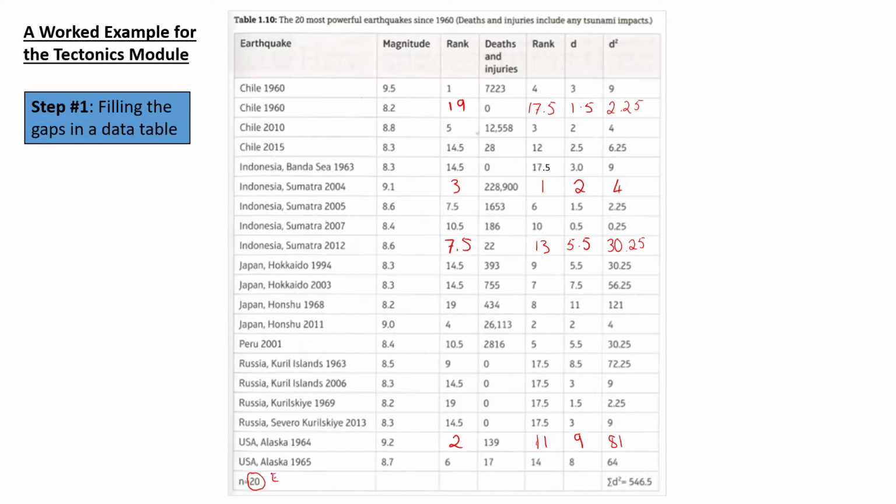So there's 20 examples. And then this bit at the bottom here is the total of this column. This is the top of the equation, so the 6 times the sum of the d squared column. That is the figure that we'd be putting in there.